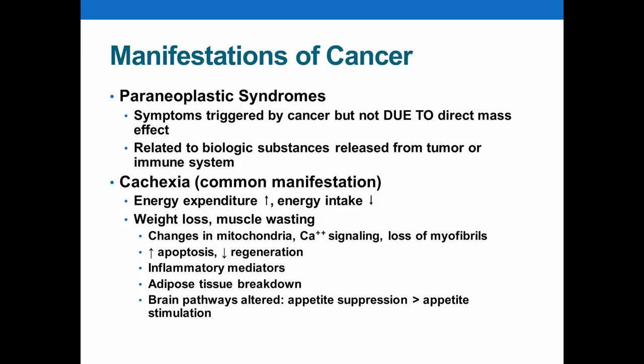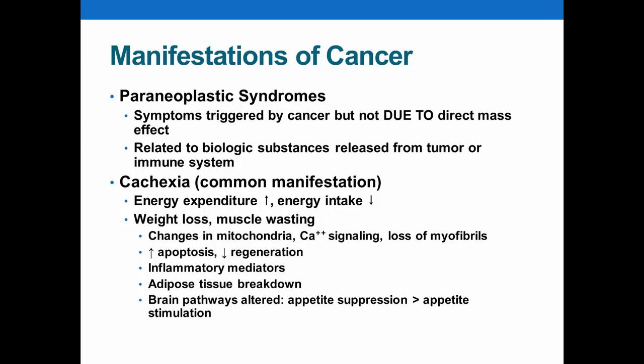Inflammatory mediators. The inflammatory mediators that we should be thinking about are the pro-inflammatory cytokines. Tumor factors actually have the ability to increase that protein turnover. And by increasing the level of pro-inflammatory cytokines and tumor factors, that increases that protein turnover, therefore muscle wasting and cellular wasting.